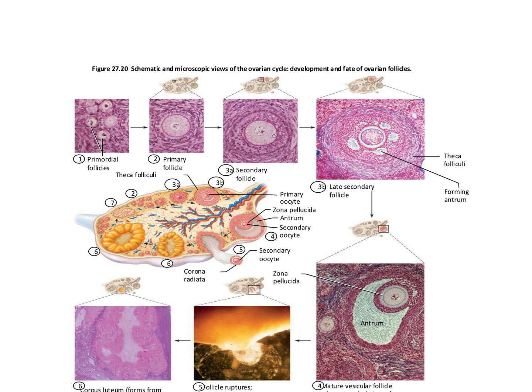Here's your late secondary follicles with the forming antrum. Here's your vesicular follicles here with the zona pellucida around the egg itself and a whole group of cells around that.